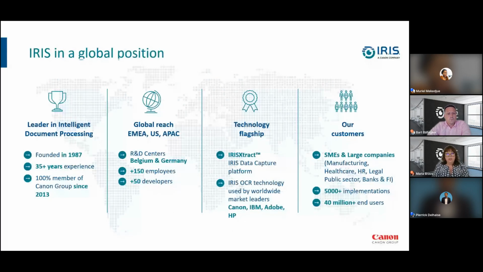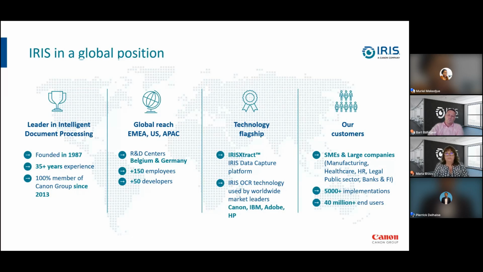Then, in 2013, Canon Group decided to acquire 100% of Iris and consider Iris as the center of excellence in information management. With Canon, we have a global reach in EMEA, US, and APAC. We have two centers of development in Europe, in Belgium and Germany.